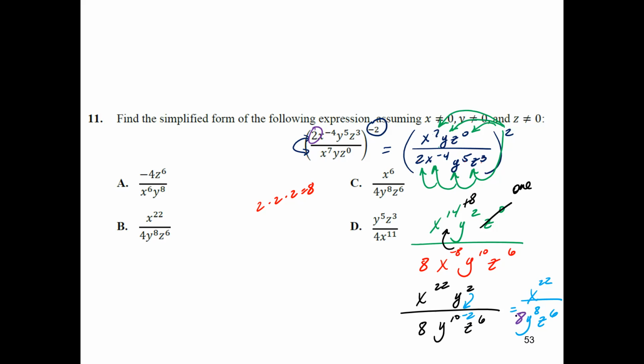The problem that I see here, oh, you know what? I don't know why I put 8. It's actually 4. 2 times 2 is 4. Here we go. Okay, so which one matches this answer right here? And it is this one right here.